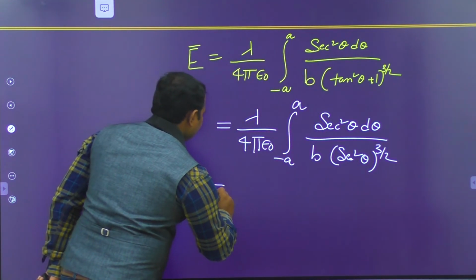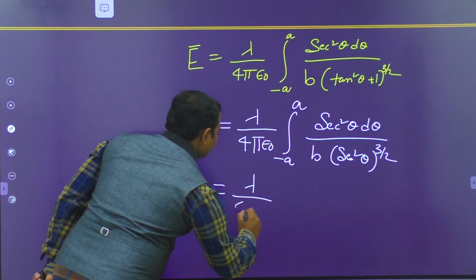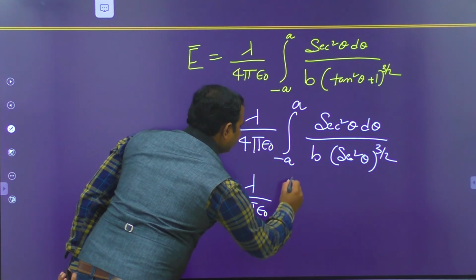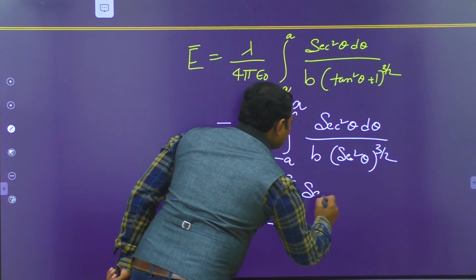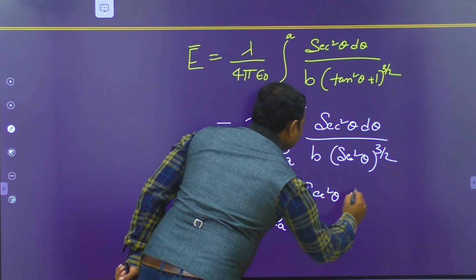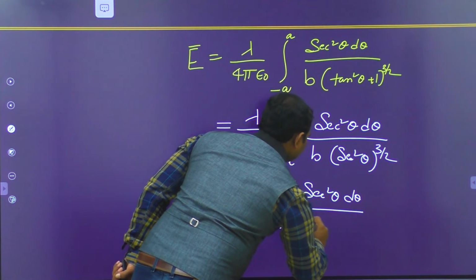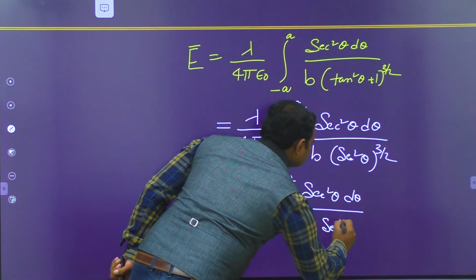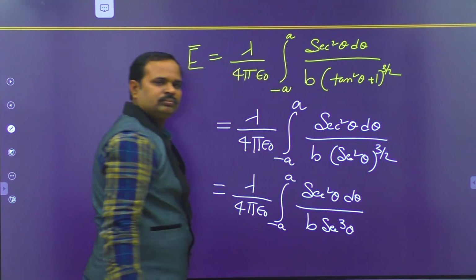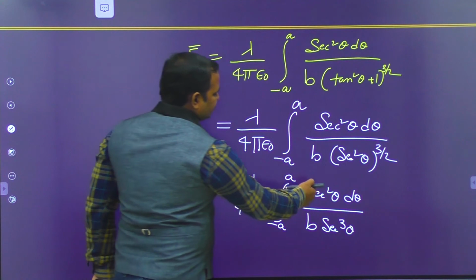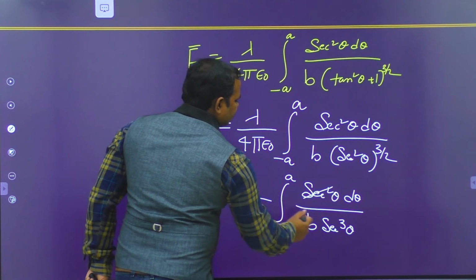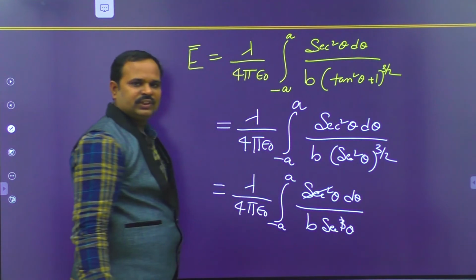Now you can write lambda by 4 pi epsilon naught, minus a to a, secant square theta d theta by b into secant square theta whole power 3 by 2. It can be written as secant cube theta. Now if you see here, secant square theta by secant cube theta, this will get cancelled with a cube.